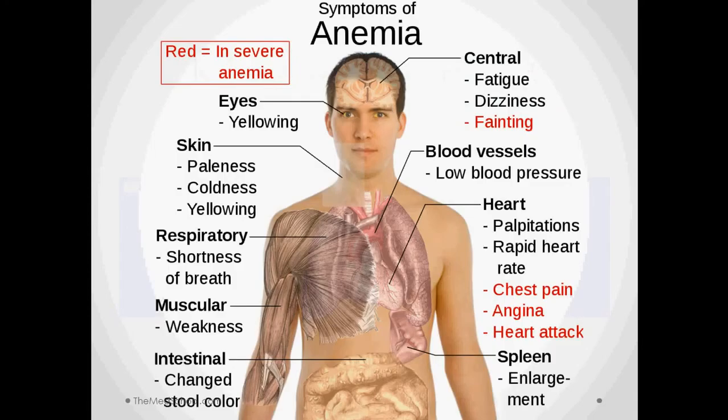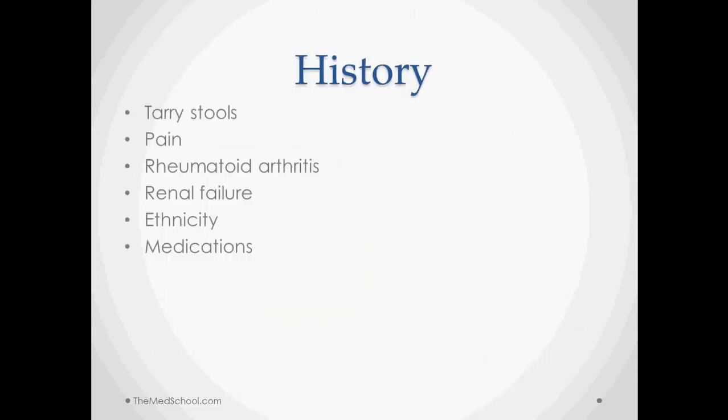The major symptoms of anemia: these patients will come in with fatigue at the top of their list, but that's not sensitive or specific to anemia. You'll want to be checking for skin changes, respiratory problems, cardiopulmonary problems, intestinal and muscular issues.